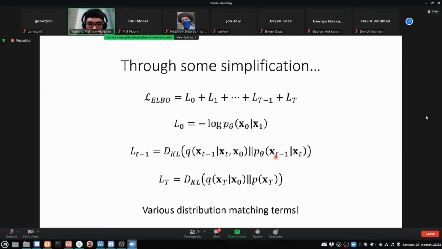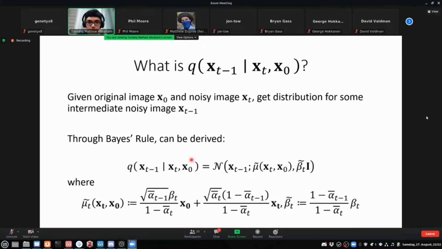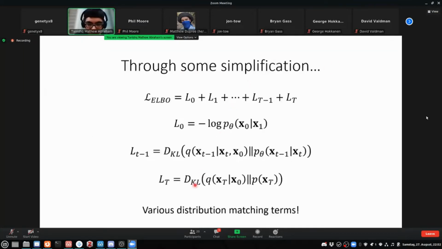One question you might ask is, what is this q(x_{t-1} | x_t, x_0)? You can see it in this KL divergence term, and it's not something we talked about yet.